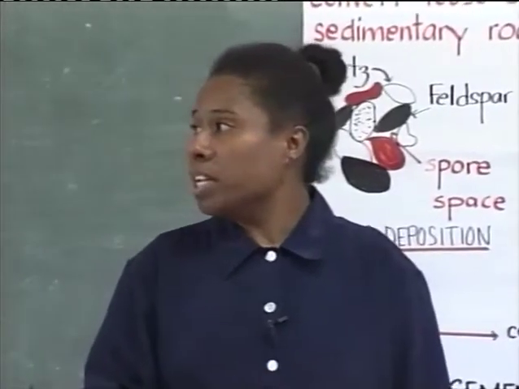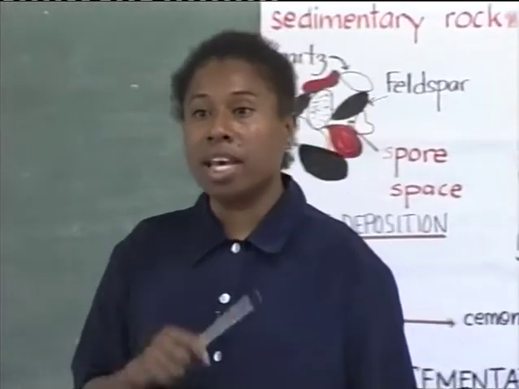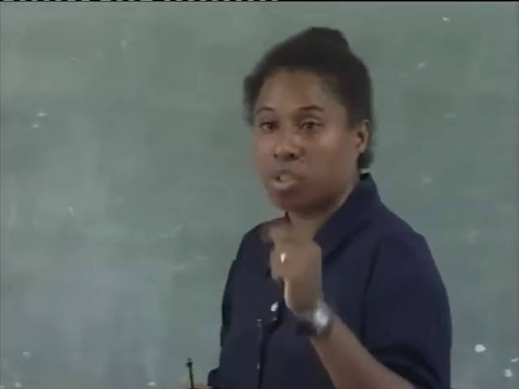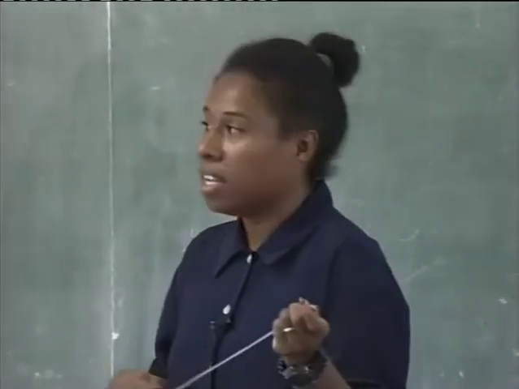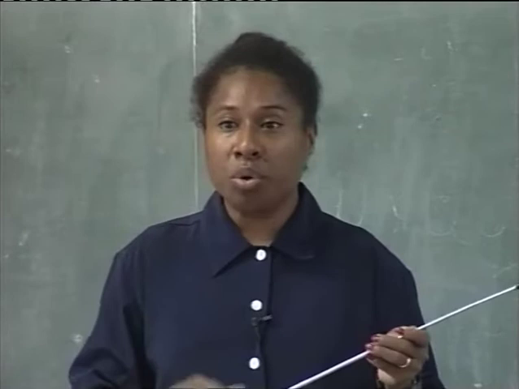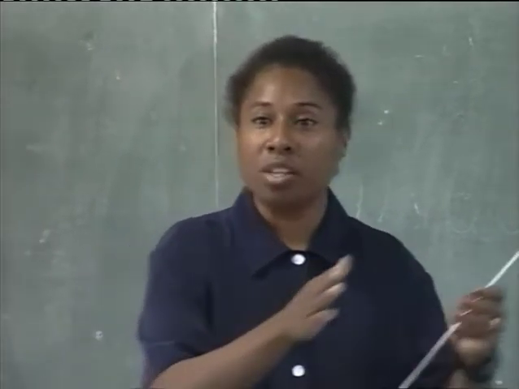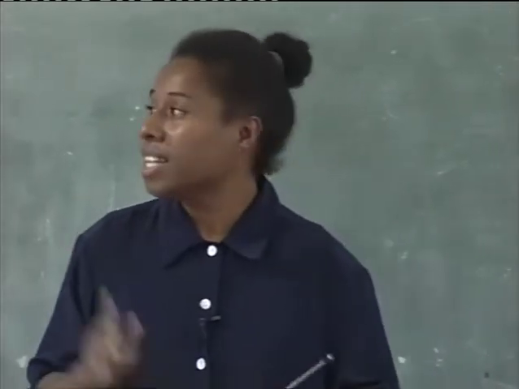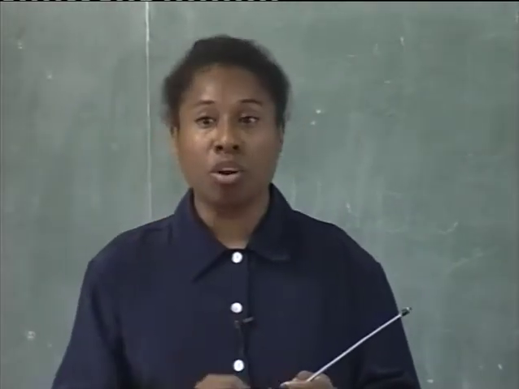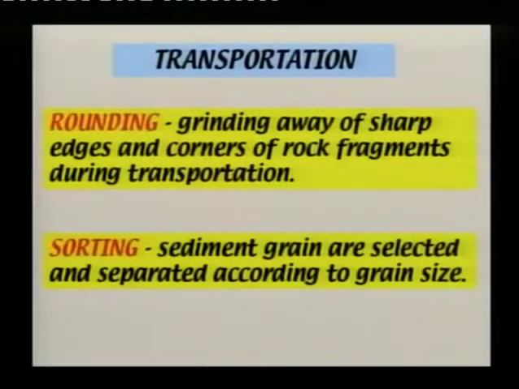While materials are transported along a river, you can see the sorting process. At the start of the river, the sediments tend to be larger, and as you get to the end of the river, the sediments are very small or fine. That is where sorting comes in, where the grains are selected and separated according to size.